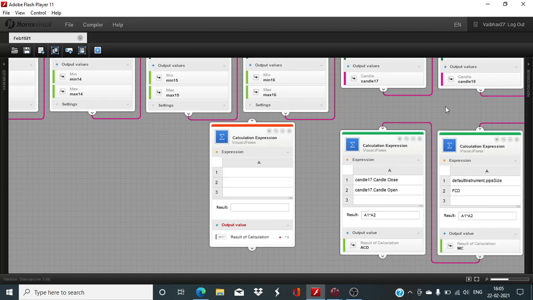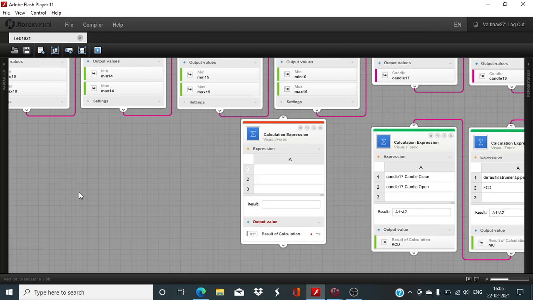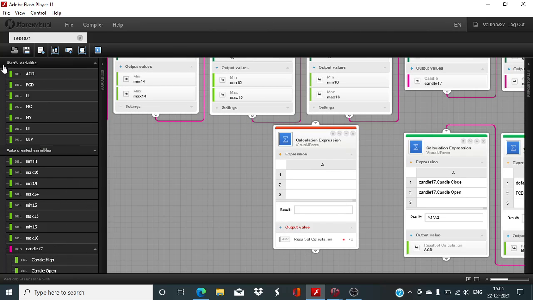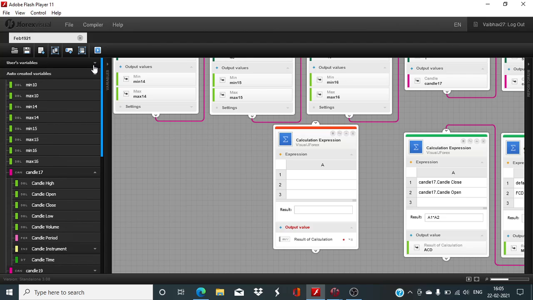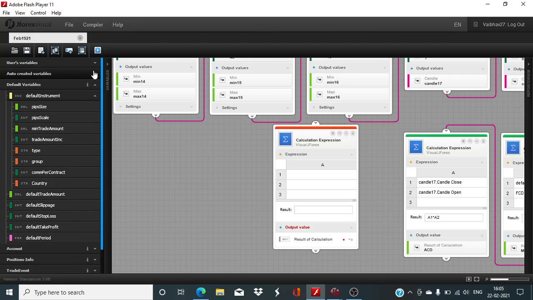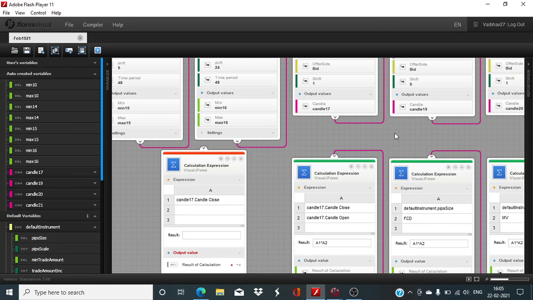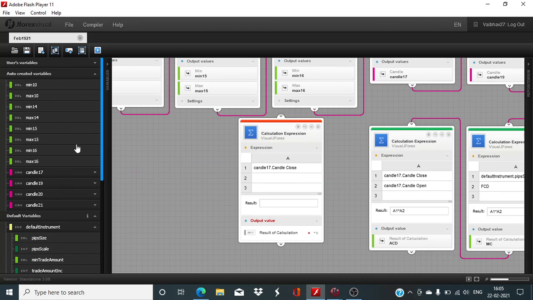So we will need to deduct the 19th value from candle 17th. With the difference we will get needs to be more than 7 pips. Auto created variable. So again candle 17 candle close and candle 19 candle close we will need.